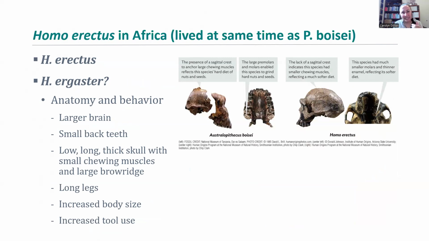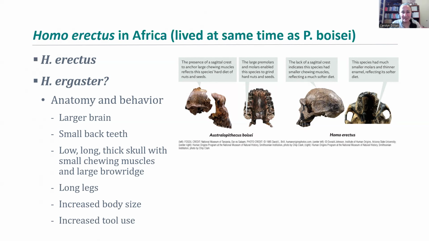Homo erectus in Africa, let's talk about that first, lived at the same time as Paranthropus boisei. And in a few places, you will see African Homo erectus referred to as Homo ergaster. So you should just be aware of that. The African version of the species is sometimes referred to as Homo ergaster.